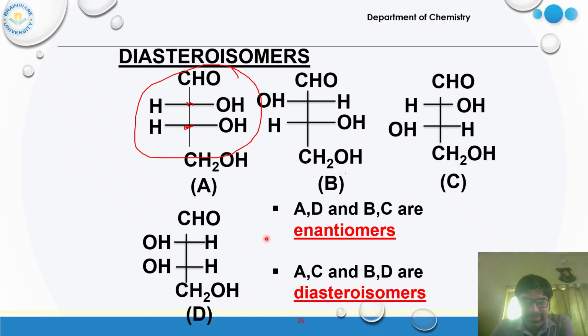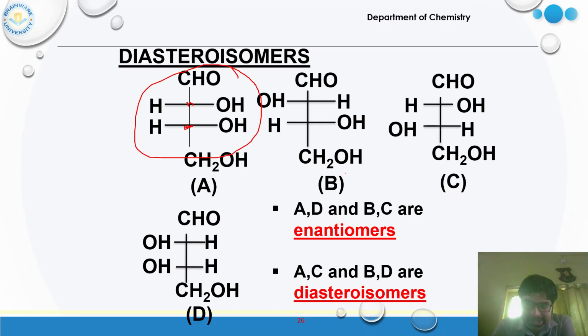So again, D is not the non-superimposable mirror image of B. So A and B, and B and D, are diastereomers. Molecules which do not have a mirror image relationship are known as diastereomers.